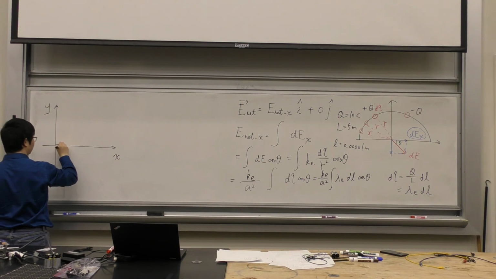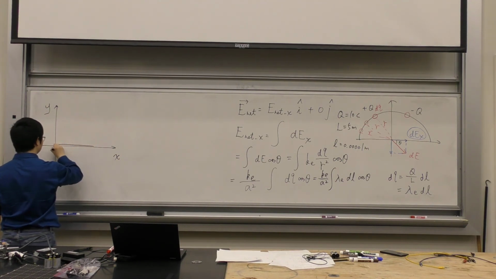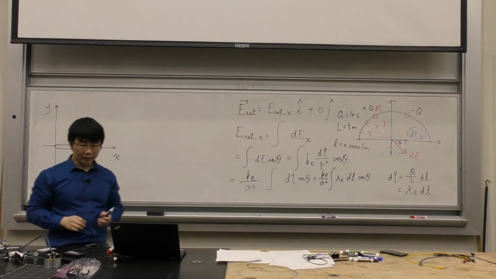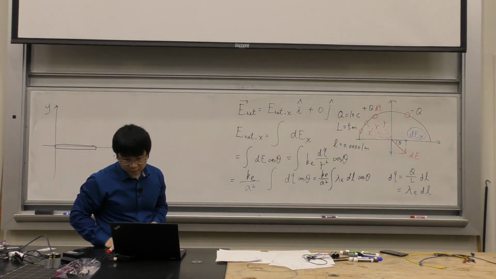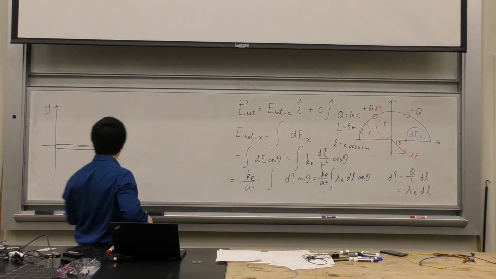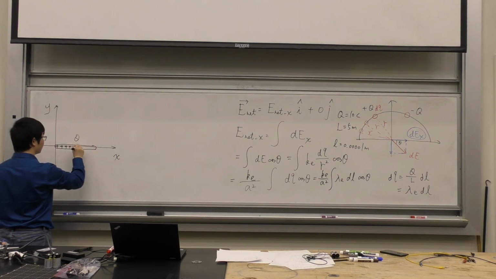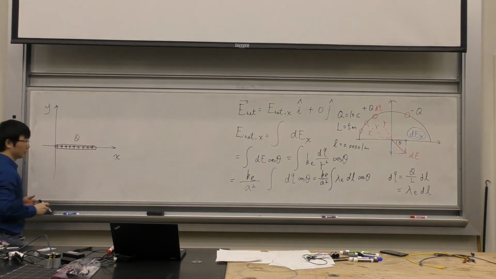Now there's a rod here on the x-axis, right? And this guy has been charged positive Q, okay? So this whole thing has been charged positive Q, which means it has a lot of positive charge on it, uniformly distributed.